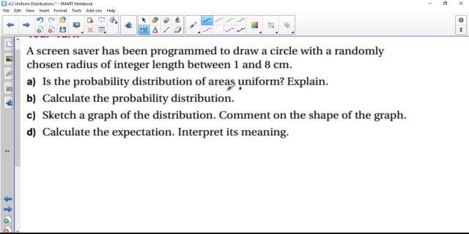Yes, the probabilities of the areas will be uniform because it's looking at the radius. The radius is going to be an integer value, so the area is pi times r squared. Is the probability distribution of area uniform? Yep. So then calculate your probability distribution.